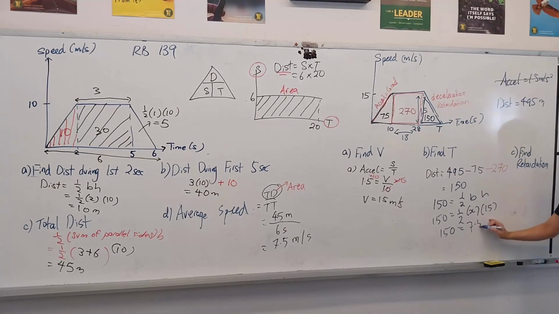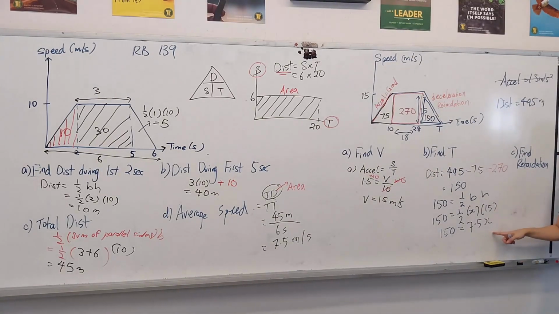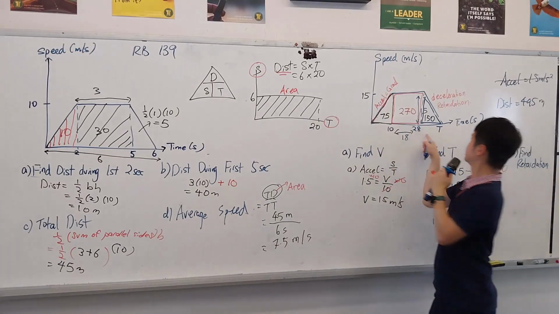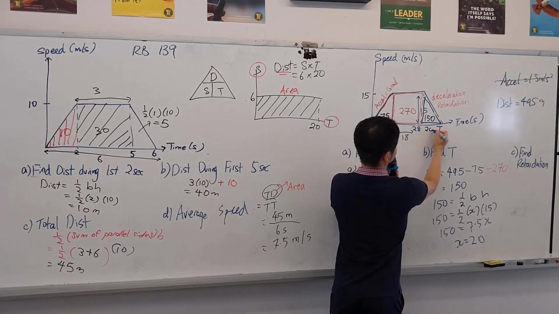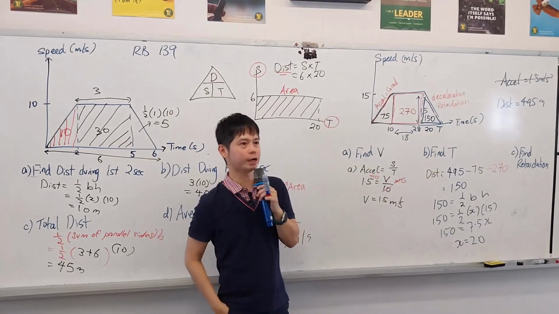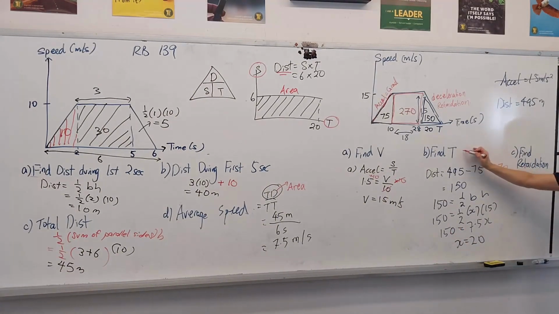So this is 7.5x. So what is x? One more time. Okay, this is 15, right? Half times base times height. Height is 15. So x is 20. Can t be 20 here? Down here, can t be 20? So x is 20, right? So what do you think t is? So exam, you must be careful. Answer is 48. So your t will be equals to 48 seconds.